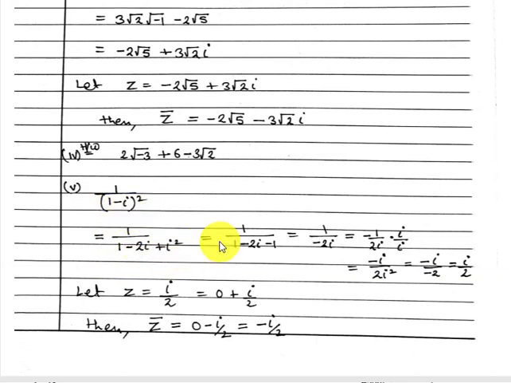Then this becomes 1 minus 2i, and this i square becomes minus 1 because i square is minus 1. So here 1 and this minus 1, these two are cancelled, then you are left with 1 upon minus 2i. In denominator still you have got i, that i has to be removed by rationalizing it.